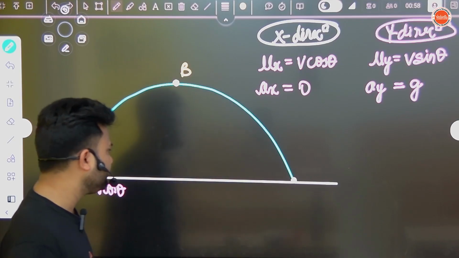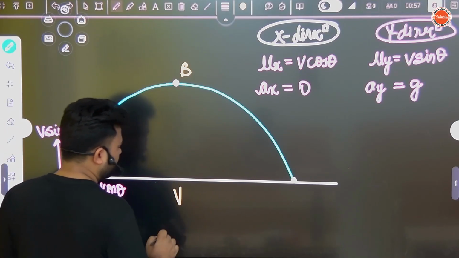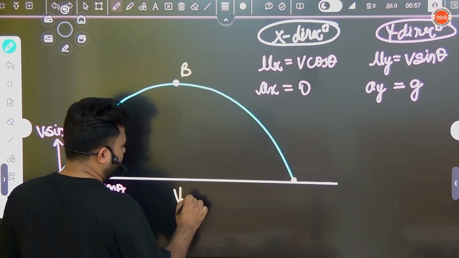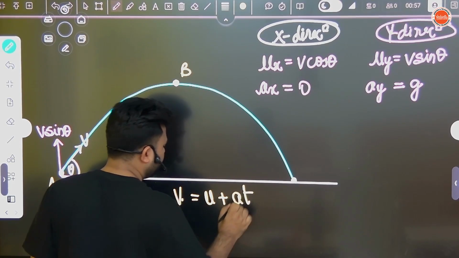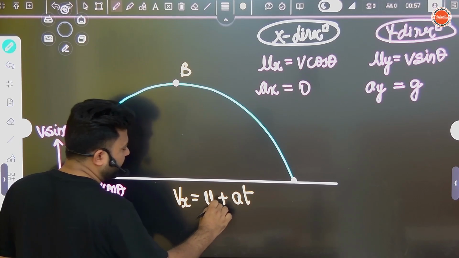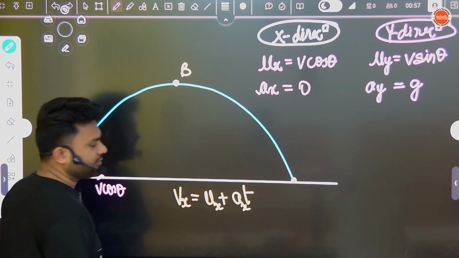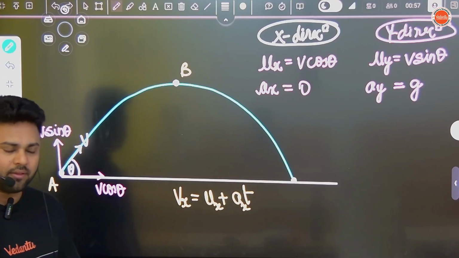For example, if I use the equation v equals u plus at, if you are writing x here, here also you should write x, here also you write x. Don't mix, here x, here y.